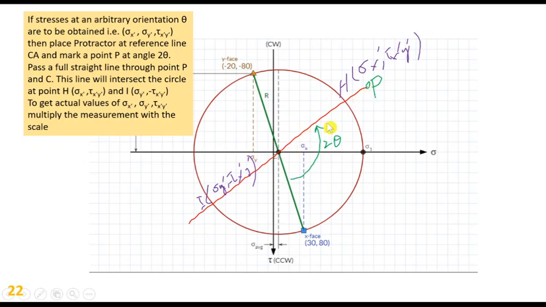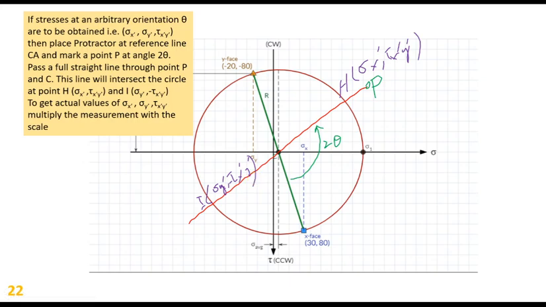When we join point C with this point and a full line is drawn, this red line, it will intersect the circle at 2 points H and I. The coordinates of H will be sigma x prime, tau x prime y prime, whereas the coordinates of the point opposite to this across the center will be I, and the coordinates will be sigma y prime, minus tau x prime y prime.